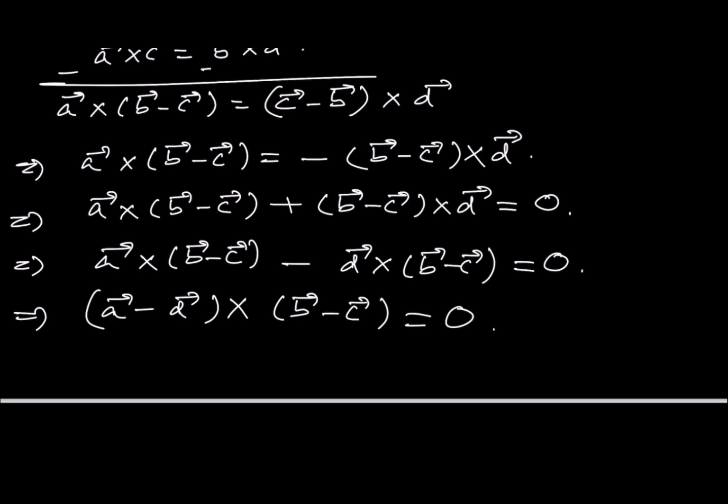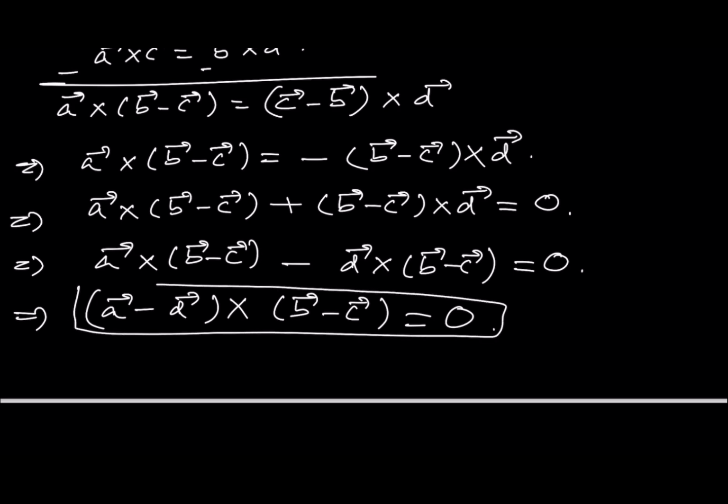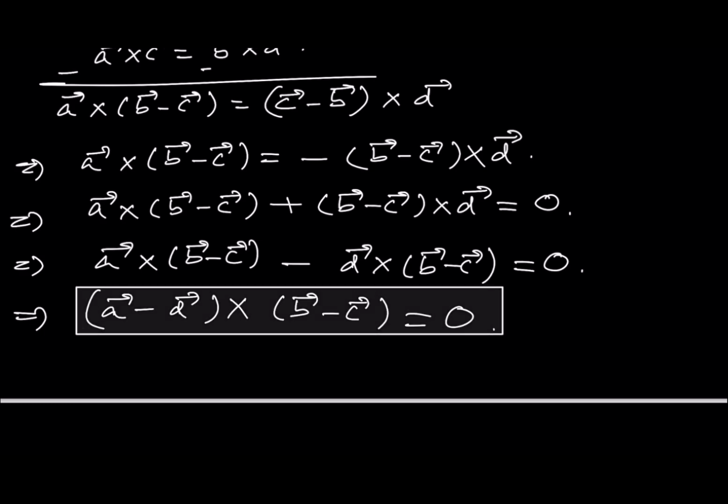And what I needed, this thing only, what I had to find, A minus D cross B minus C, and it is 0. Okay, further, what conclusion I can make? I can say A minus D vector is parallel to B minus C vector, right?